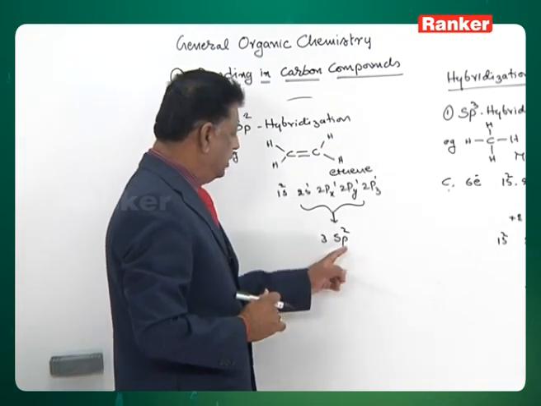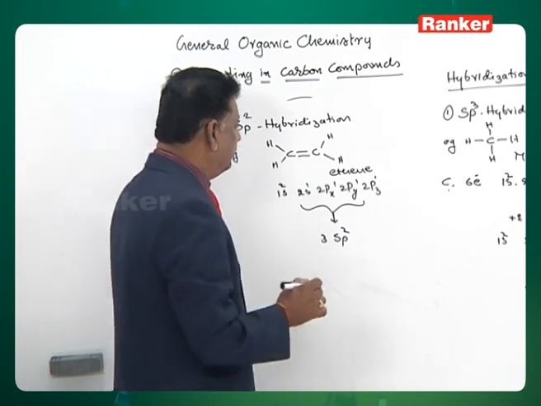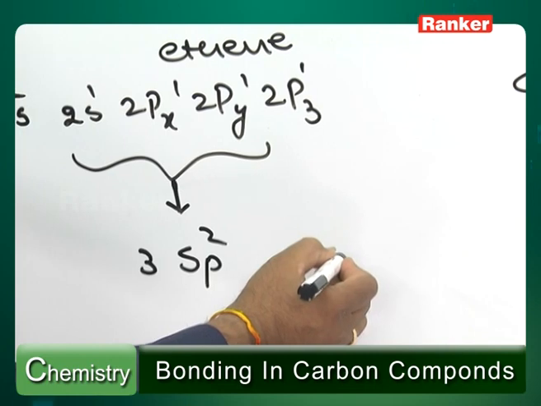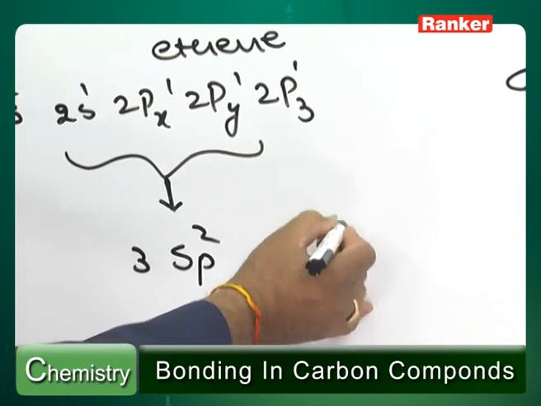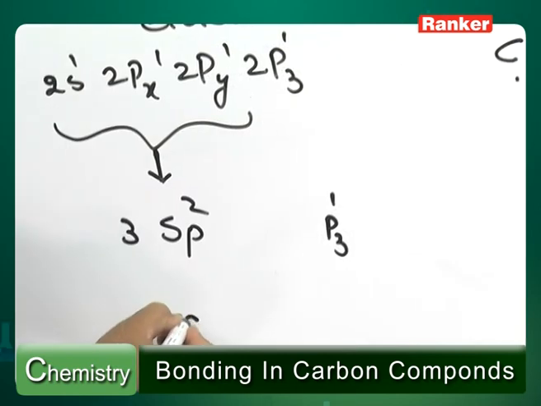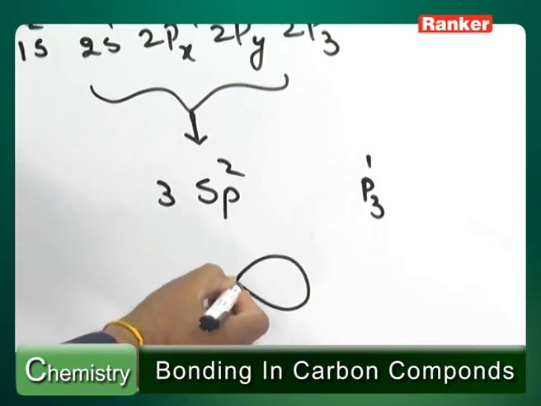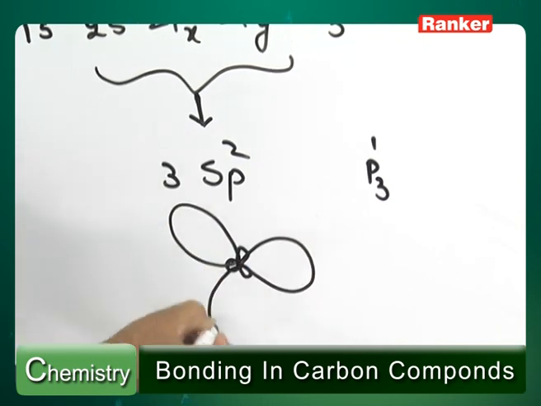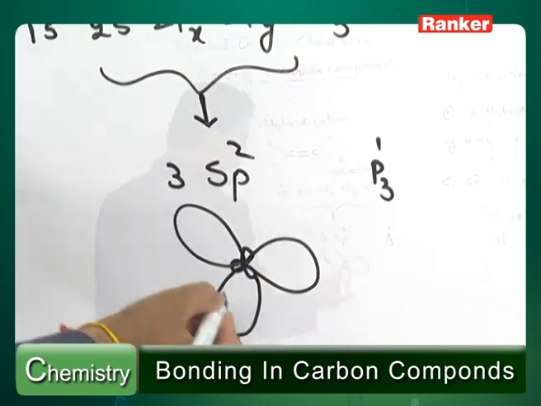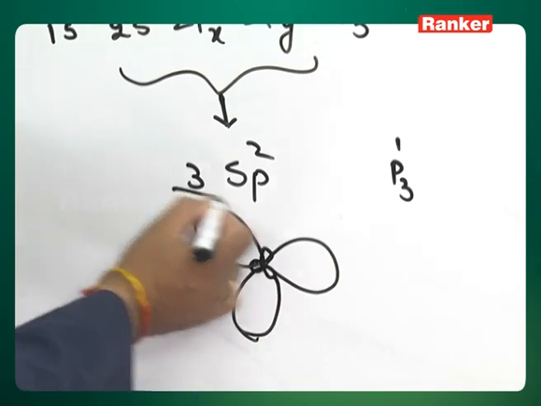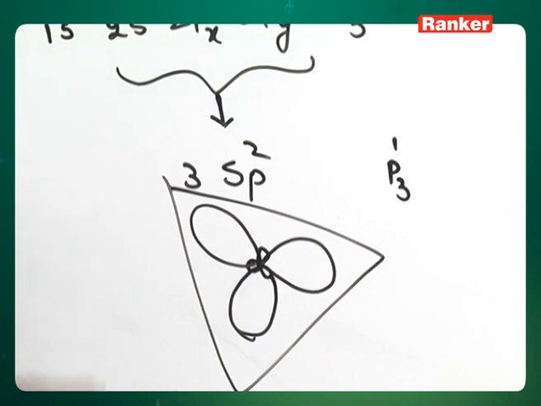So, therefore, we call them 3 sp2 orbitals, and the pz orbital will be an unhybridized orbital as it is, and these 3 will have a small lobe and a big lobe. 3 will be identical and equally separated. So, therefore, the angle of separation will be 120 degrees. They make a trigonal planar.